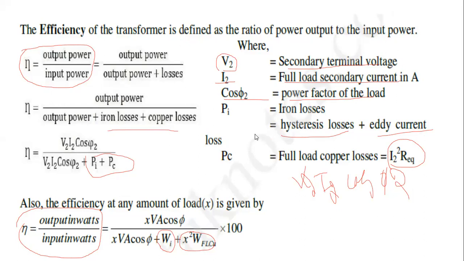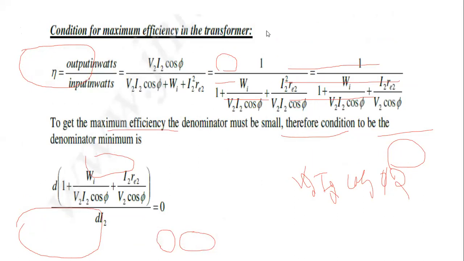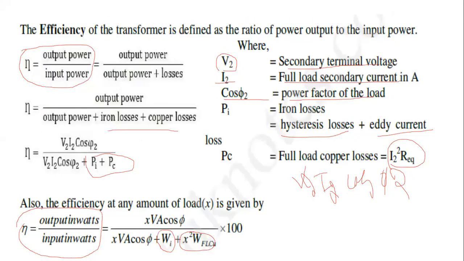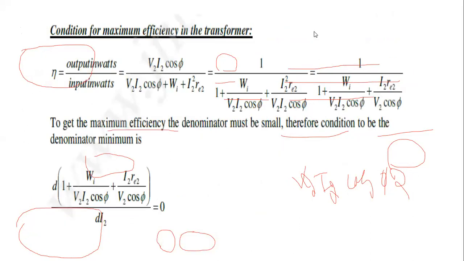What is Pc? That is full load copper losses. What is the full load copper losses? That is I2 square R2. This is the efficiency of a transformer.